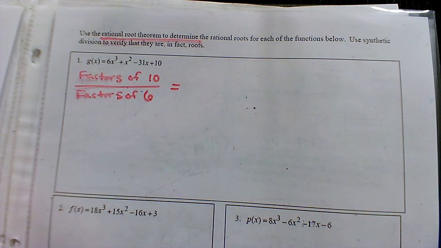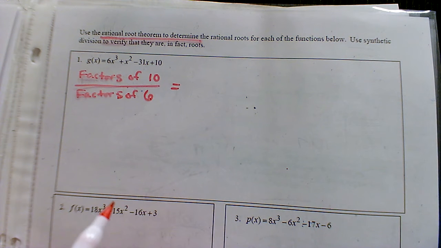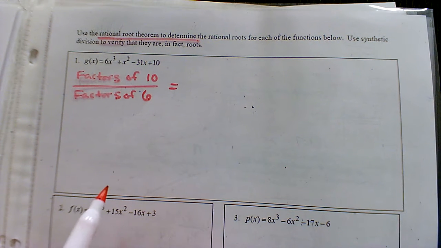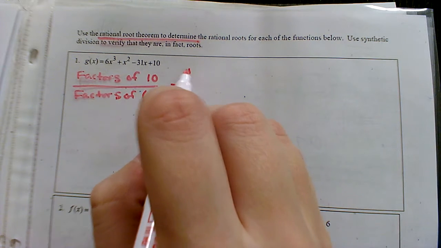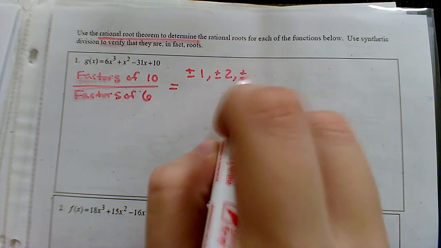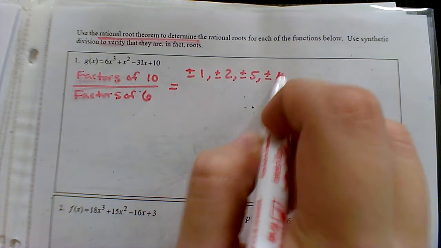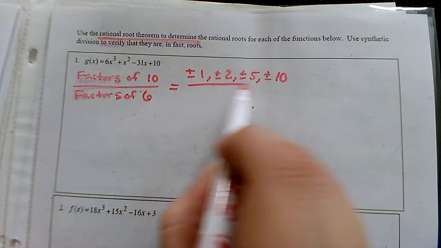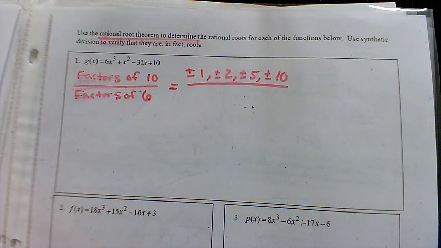Can we identify some factors of 10? Good, Rebecca? 1, 2, 5, 10. Okay, don't forget the plus or minuses because depending on the signs, those would need to be taken into consideration.